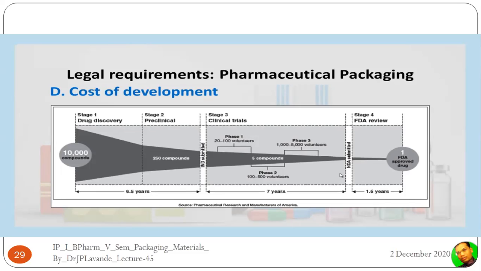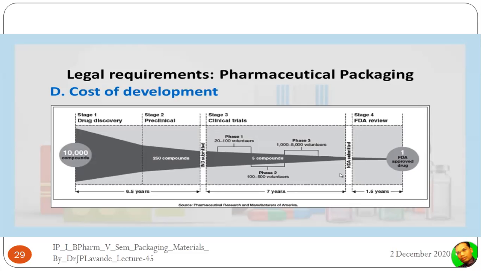In phase one, some hundreds of volunteers are selected. In phase 2, the number increases from 100 to 500, and in phase 3, some 1000 to 5000 volunteers or subjects are selected on whom the study is performed.